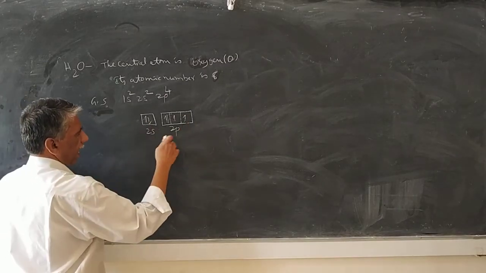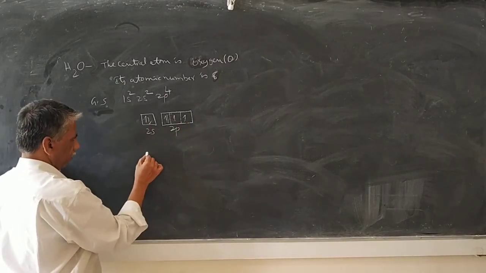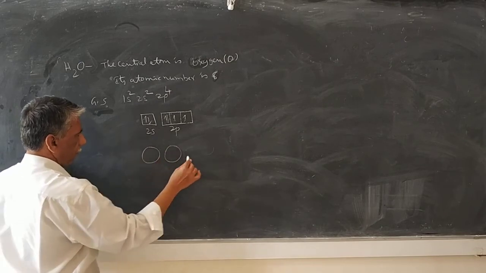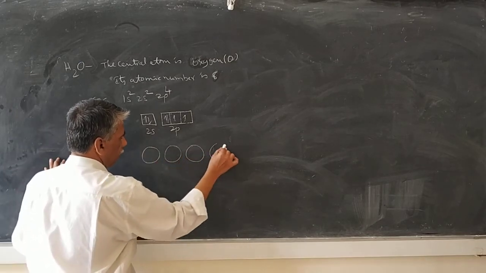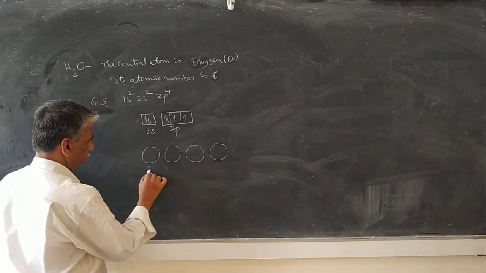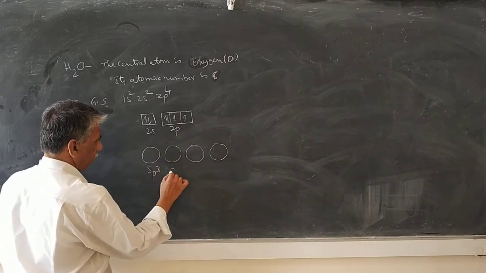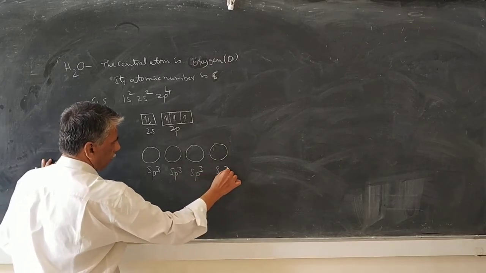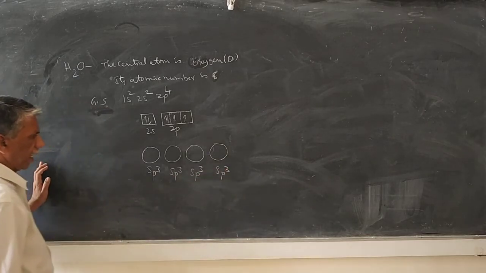Now these will undergo hybridization and we get 4 sp3 hybrid orbitals.